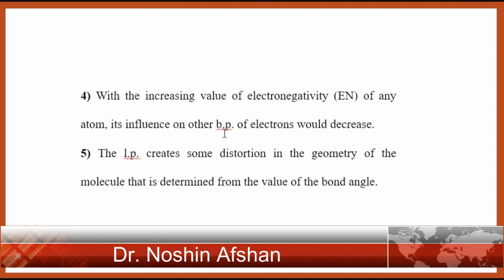Because any atom has also its influence on the other bond pairs. So, the value of the electronegativity of that atom would be in inverse relationship with its influence on the other bond pairs of electrons.